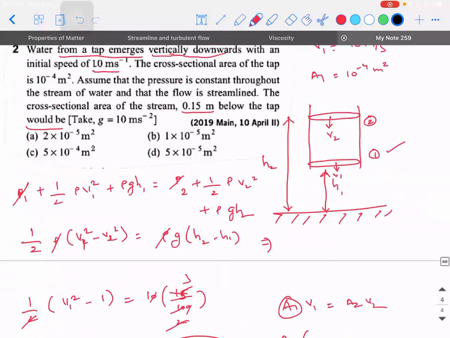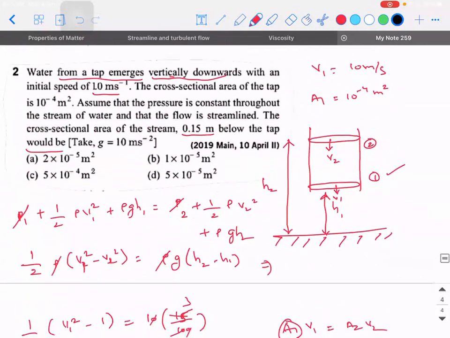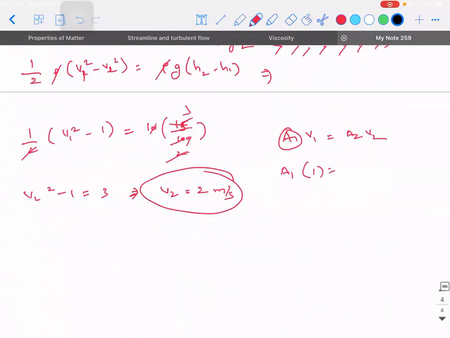What is the value of V1, guys? A2 is 10 power minus 4 into V2.